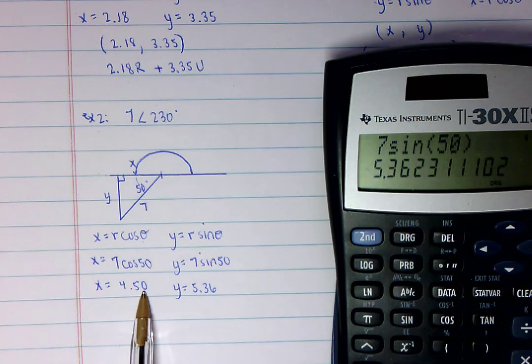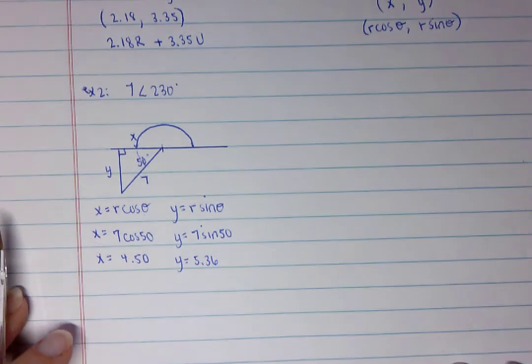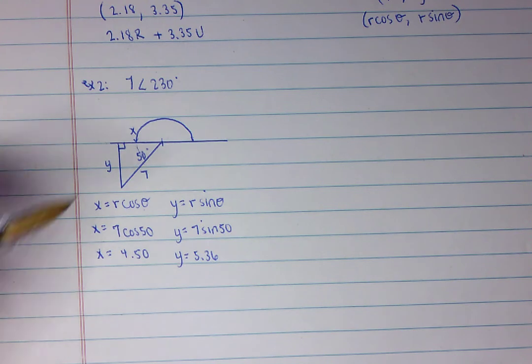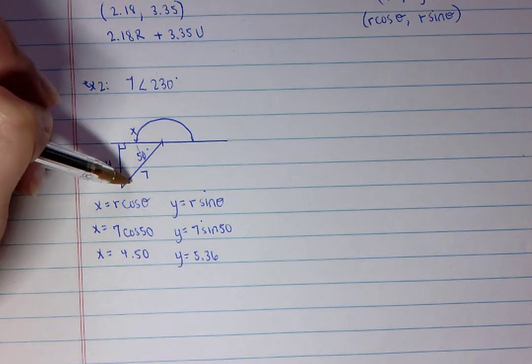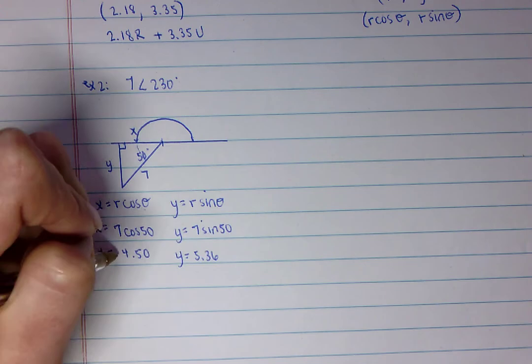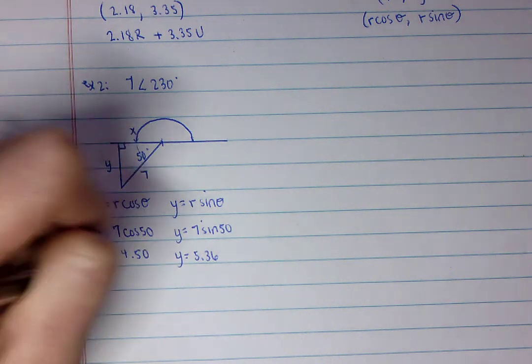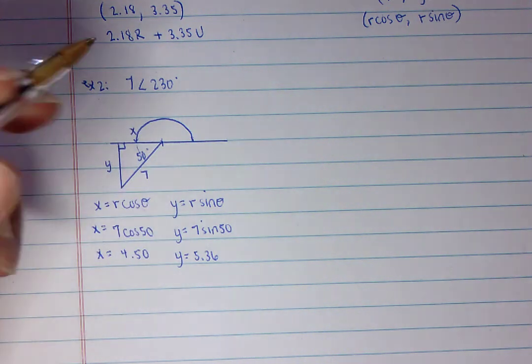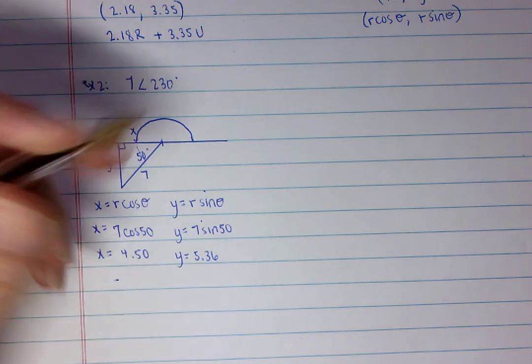And so remember, we're in the third quadrant. If you were to represent that as a point, you'd be going from the origin left and down. So these are actually going to be negative, okay? Even though we got these values here, we want to make sure we know we're in the third quadrant.